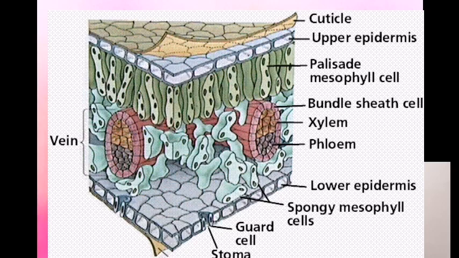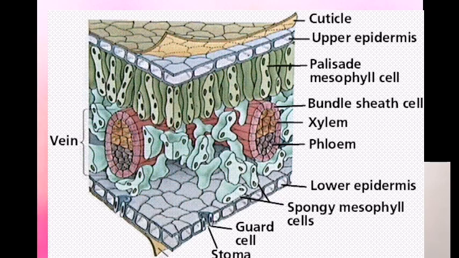So once again, in the cross section of a leaf, we can see an upper epidermis and a lower epidermis. In the upper epidermis, an outer waxy cuticle is present. In the lower epidermis, you can see numerous openings called stomatal pores. Below the stomatal pores, air spaces are present, because you know that through the stomata, plants take gases, isn't it? These air spaces are present in the spongy parenchyma.